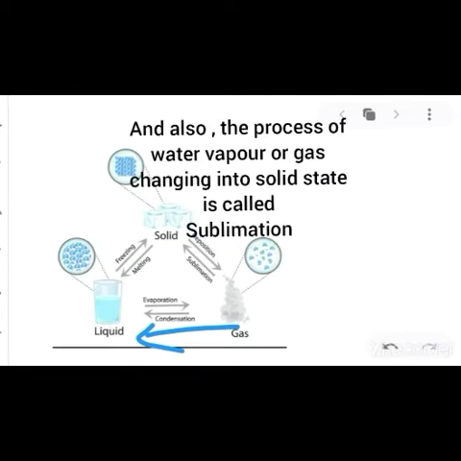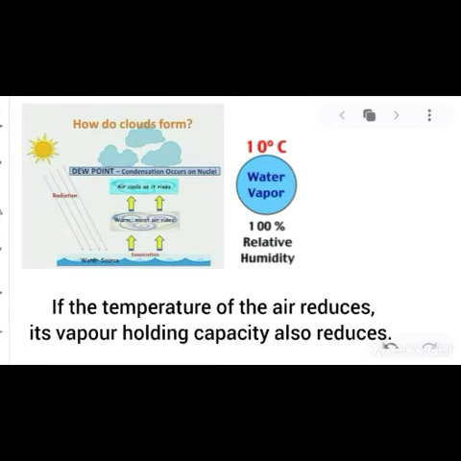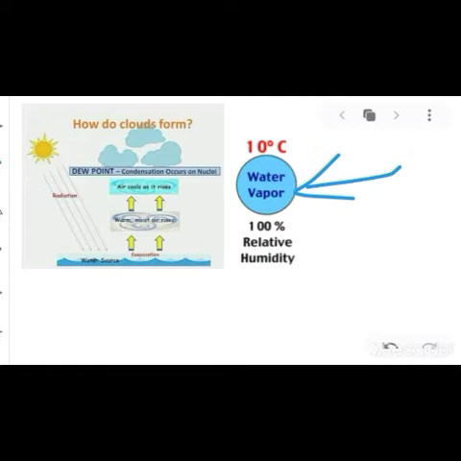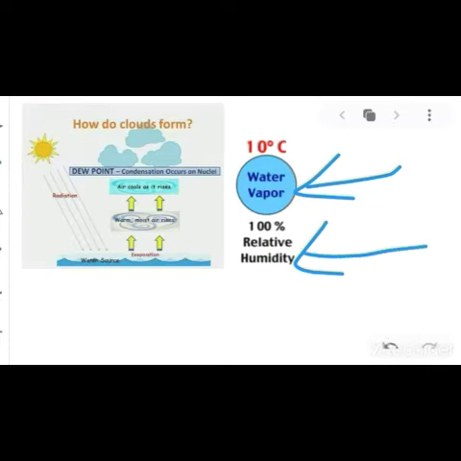And the process of water vapor or gas changing into solid state is called sublimation. If the temperature of the air reduces, its vapor holding capacity also reduces. When the relative humidity of the air becomes 100%, vapor starts condensing.